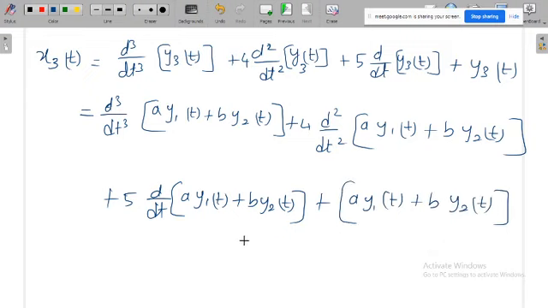Now I will separate y1 to one side and y2 on the other side, because each component consists of both y1 as well as y2. So you bring all the y1 components separately and the y2 components separately. From all these four terms I will take only the first component that consists of y1. I'll write it on the next page.